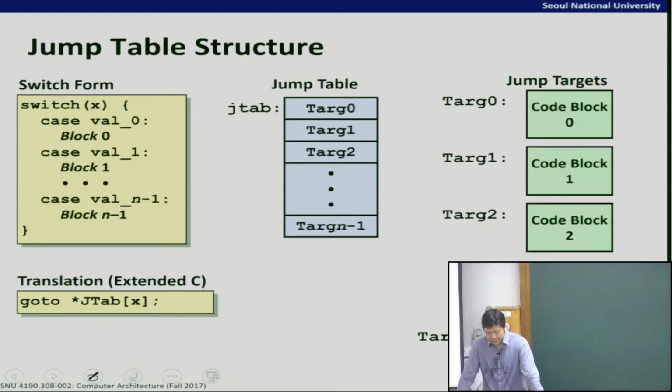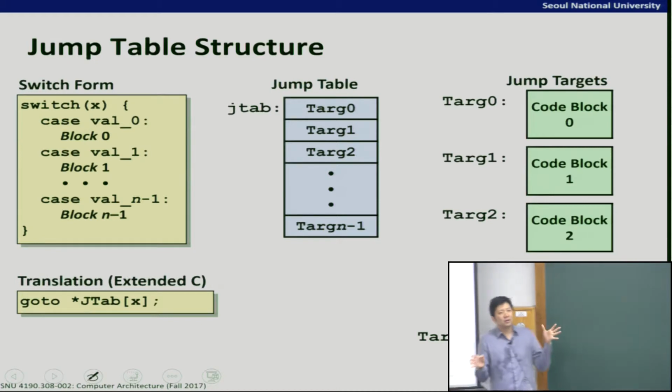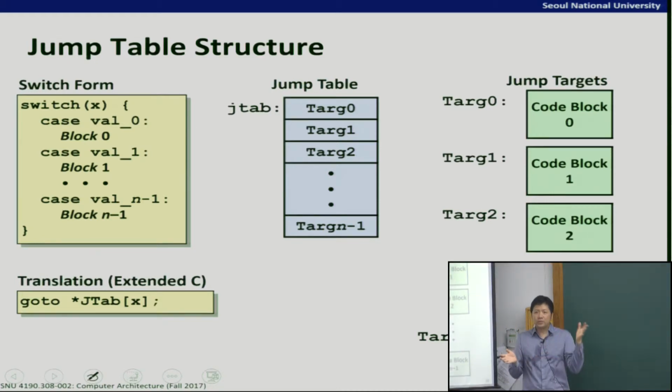To implement a switch statement, compilers generally employ what is called a jump table. Okay, so a jump table is basically nothing but a big table which takes the variable x as input and returns the target address for that value as output. Okay, that's the jump table. The value of x is in, and the target address for that x is out.